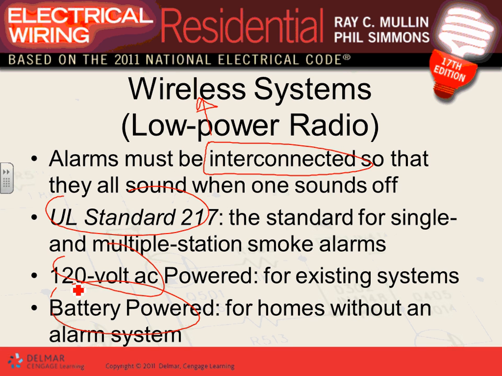In order to interconnect them with a wire, you know how many holes you're going to make in a house? So they allow wireless technology to talk to each other. Now I can get into any existing house, put smoke detectors anywhere needed, and put batteries in them, not hardwired, and I can get you good fire alarm protection for this house. Can I have a thumbs up, Chad? That's for existing buildings. New buildings, hardwired.